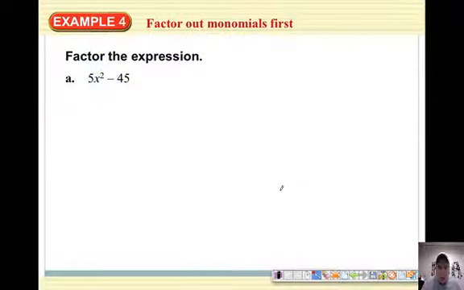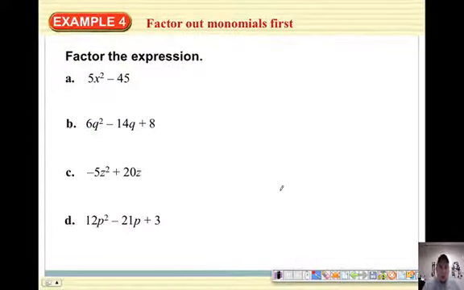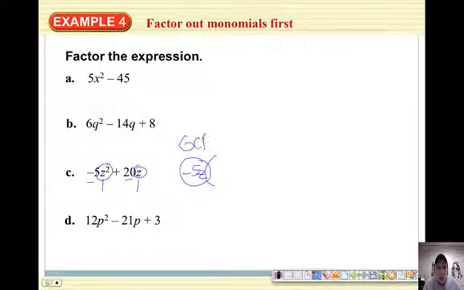Let's erase that, go to the next one. Negative 5z squared plus 20z. 5 and 20, it's 5. But since one of them is negative, I'm going to put a negative 5 instead. So negative 5, and also pay attention to the variable, z squared and a z. There's two z's here, there's one z here, so there's one z in common in both of these. So negative 5z is my full GCF.